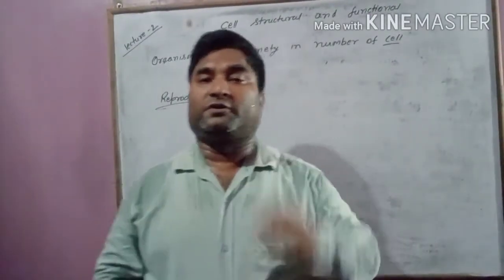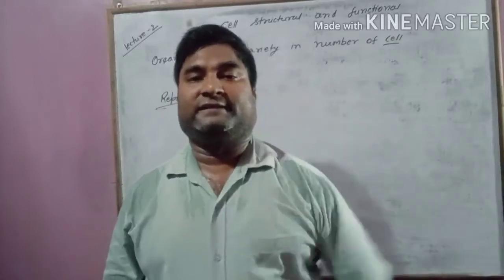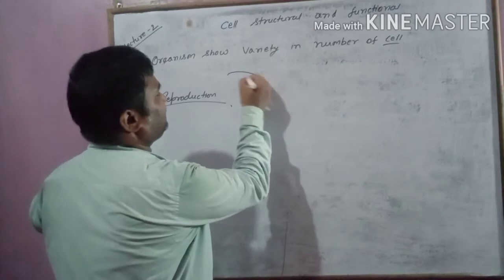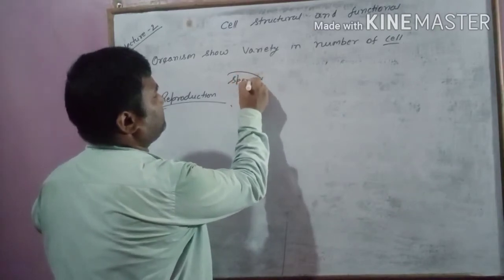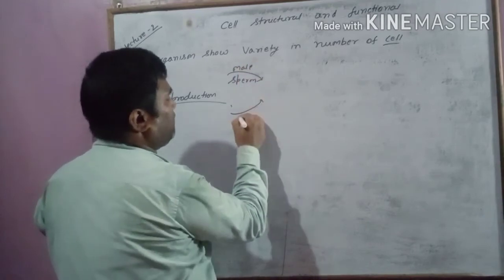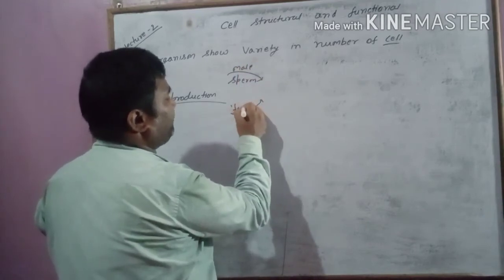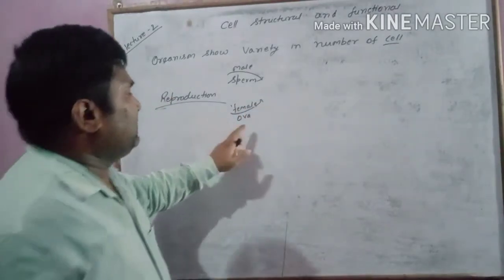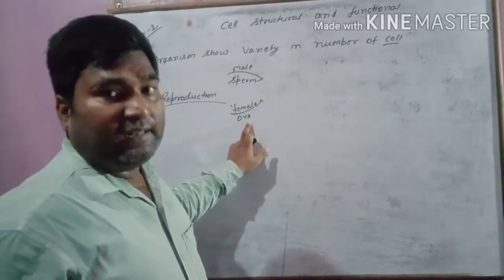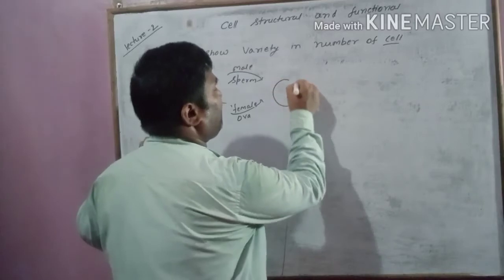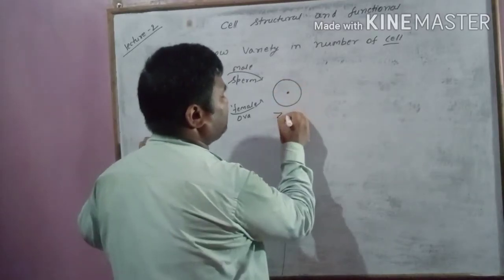Okay, if you remember from your junior classes that during reproduction what happens is sperm from male and ova from female. In junior class you have seen this thing, sperm from male and ova from female join together to form zygote.